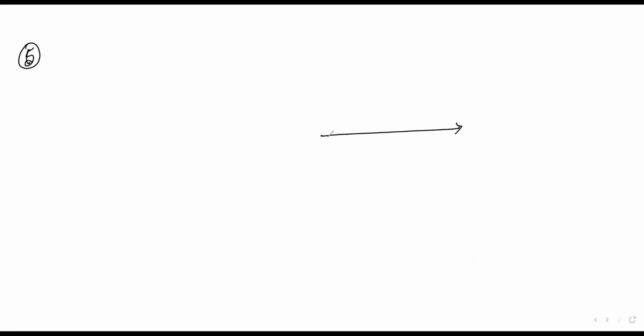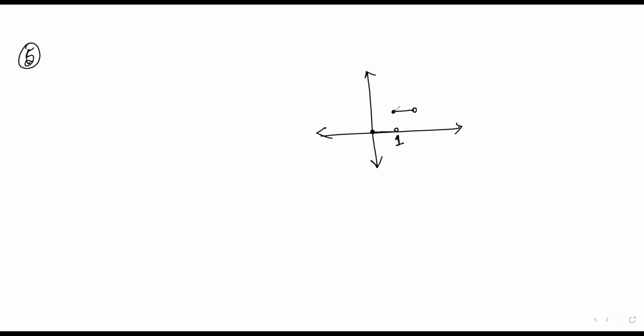Is it continuous? If we take 0, then it won't be continuous. LHL will not be equal to RHL. At 1, its value is not 0.